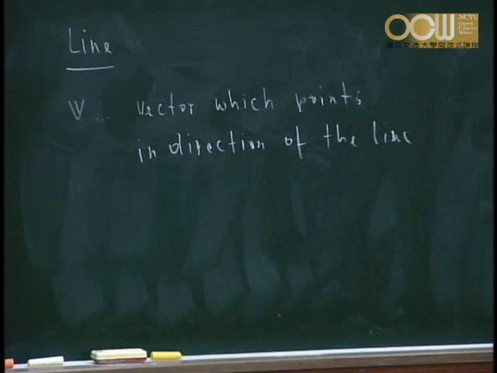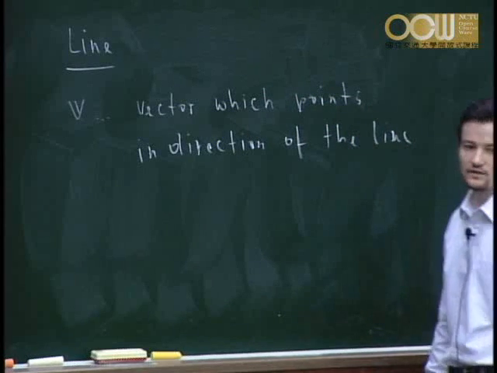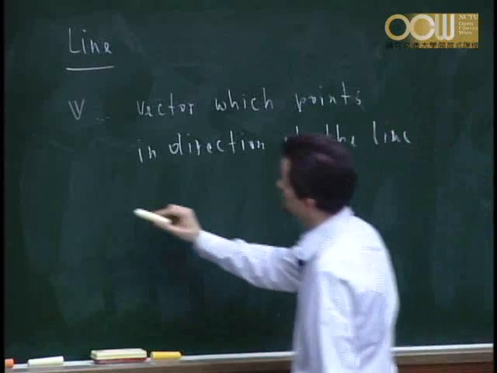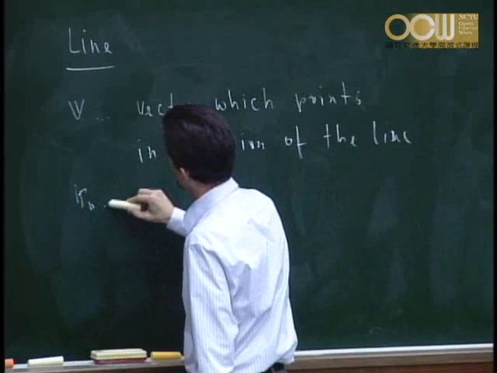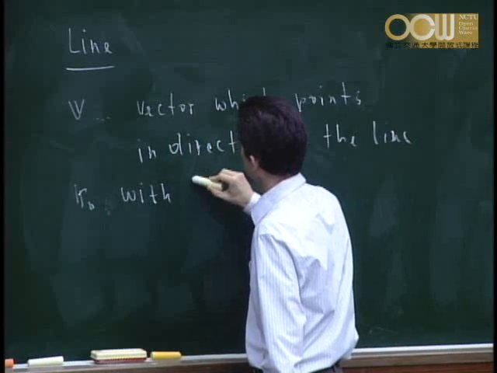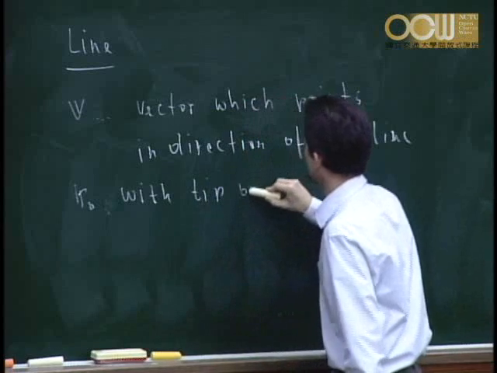And you have a given point on the line, or you can also describe the point on the line by the tip or the end point of a vector which is considered to be positioned at the origin of our three-dimensional coordinate system. So you have a vector with tip on the line.